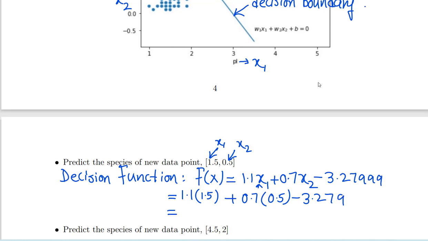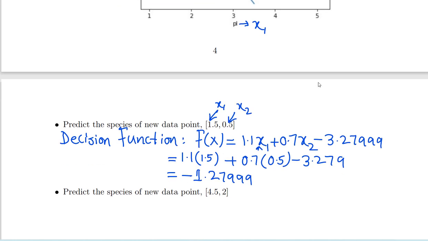If you type it in a calculator, the value you get is minus 1.27999. It does not matter what the value is, all we care about is the sign. It's a negative sign. A negative sign means this data belongs to Setosa.